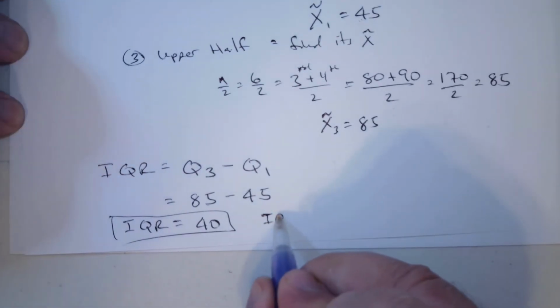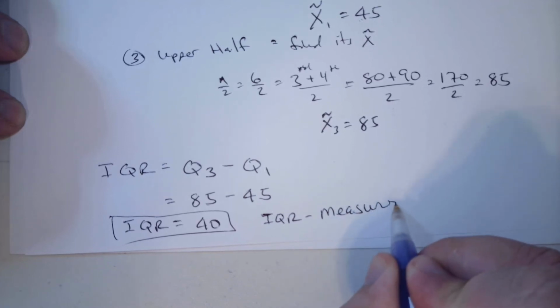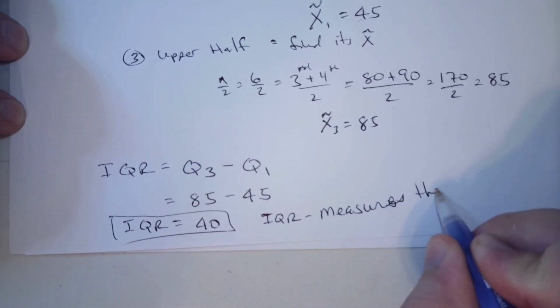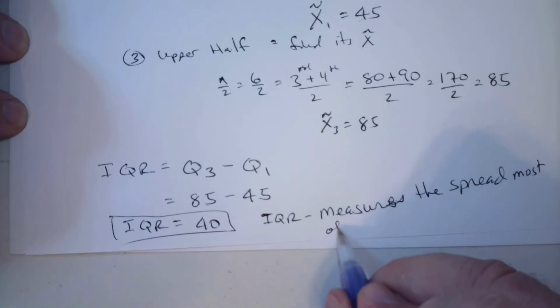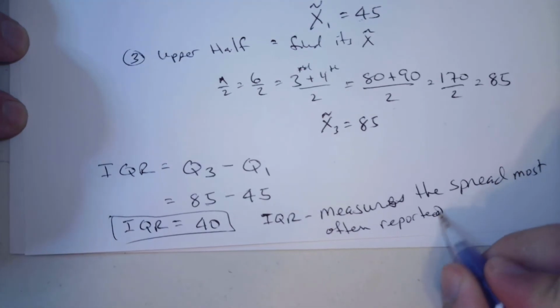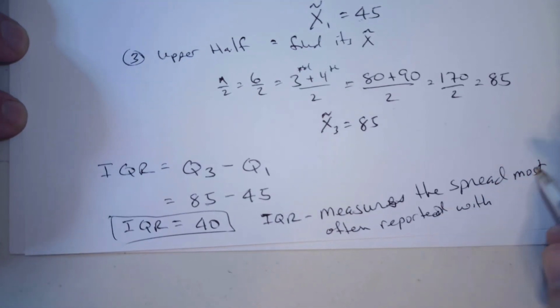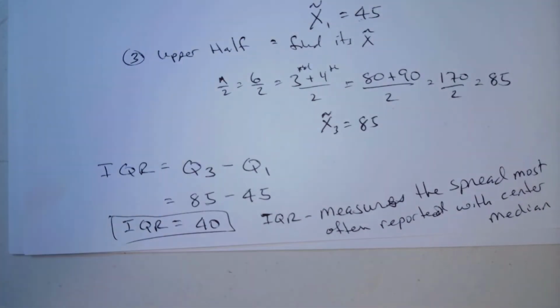So IQR measures the spread, often reported with the center medians, or measures of center tendencies.